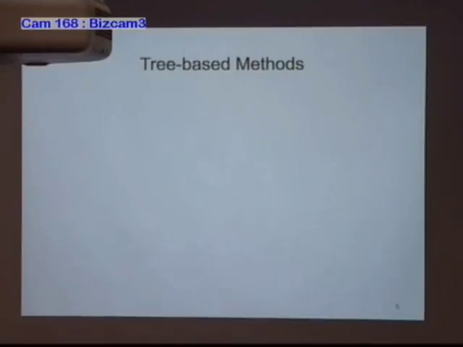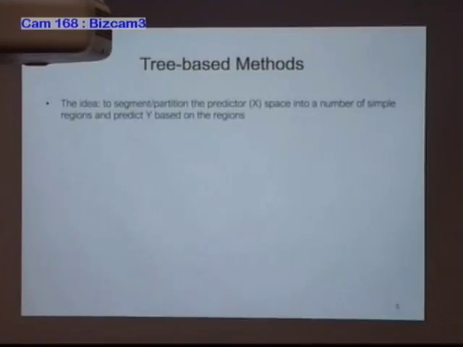Okay, so the idea of the tree is simple. We want to group the data points according to their x, such that all the data points grouped in one group share some similarity in terms of their y.